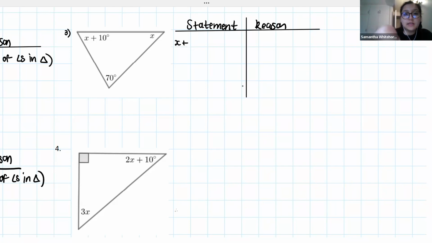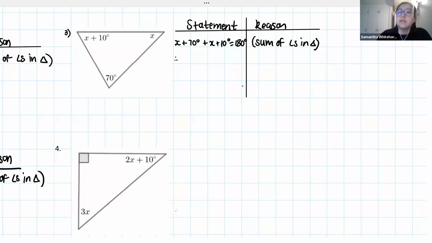We know that x plus 70 plus x plus 10 must give us 180 degrees. Again, our reason is sum of angles in a triangle. Now, guys, we need to be careful here. The like terms that we have are not only the constants, but also the x's.